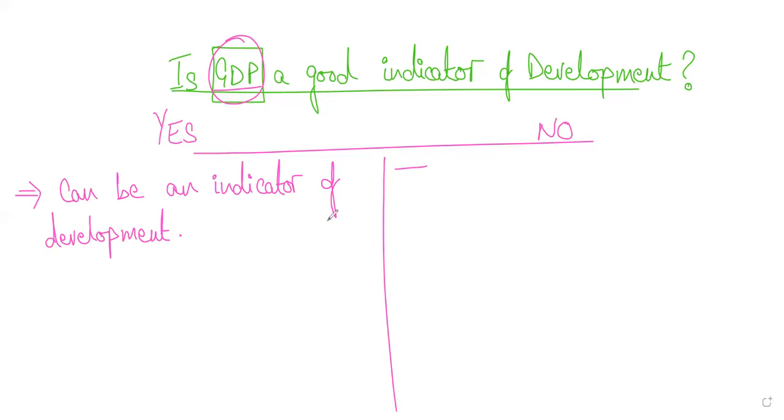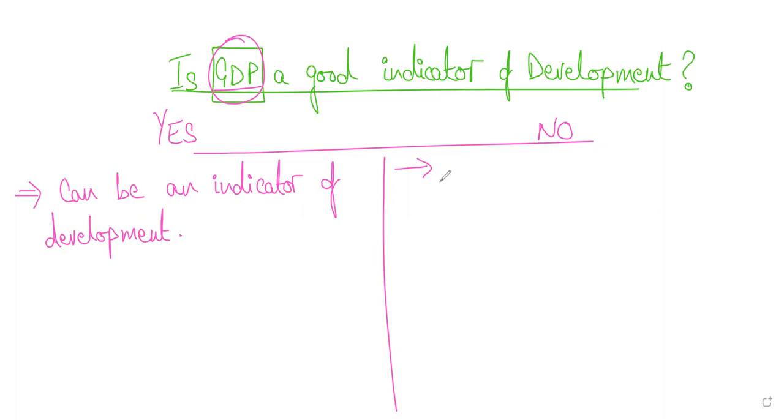So the only argument that we gave on the yes side, that GDP can be a good indicator of development, is that it calculates national income, and higher incomes are needed to buy better quality education, better quality healthcare, to have more purchasing power. Exactly, more purchasing power or more spending power.